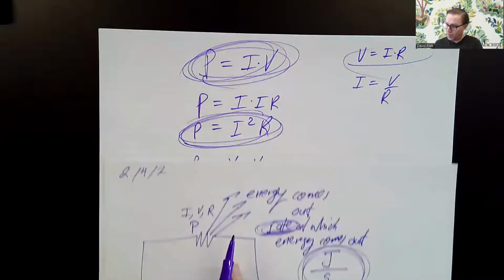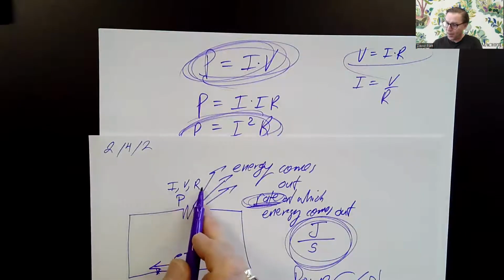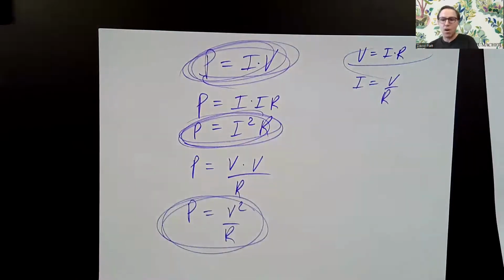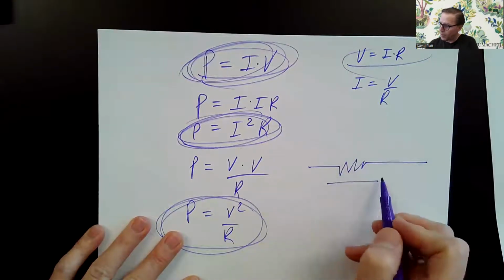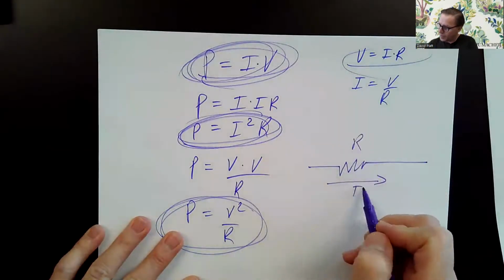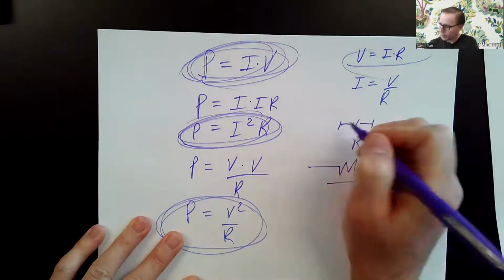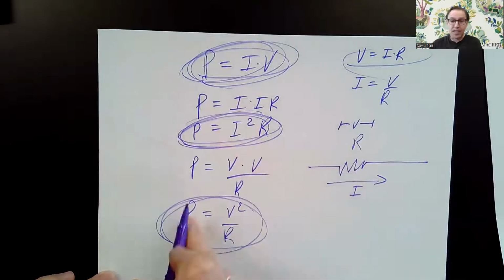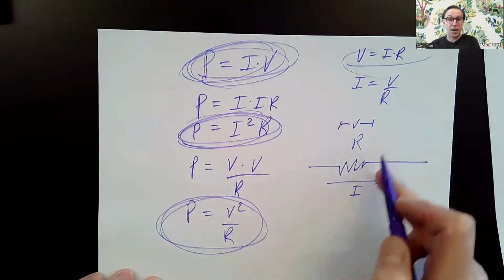V and R, use that. I and R, use that one. So whatever you know about a resistor, the current through it, the resistance of it, or the potential difference across it, if you know any 2 of them, you can calculate the number of joules of energy that are released there each second.